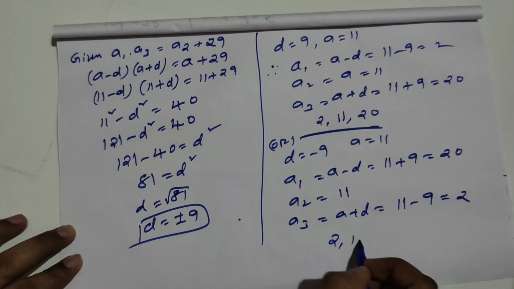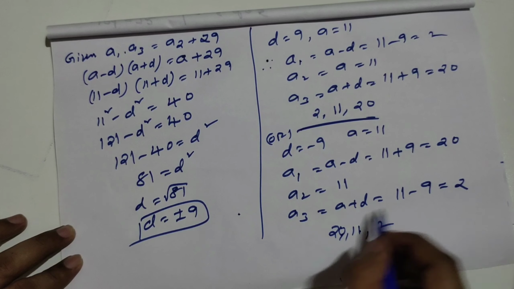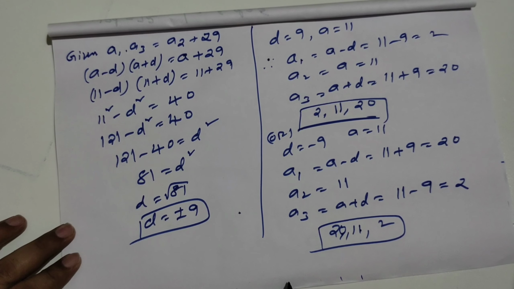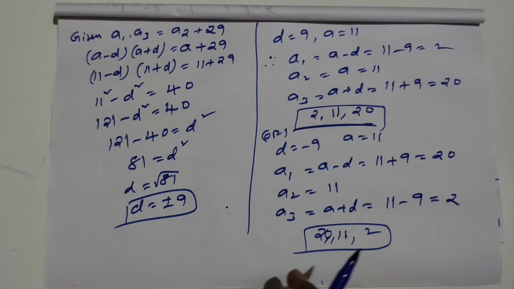So anyhow we got, in reverse order, 20, 11 and 2. So both give us the AP forms only. Like this we have to do these types of sums which are very important.